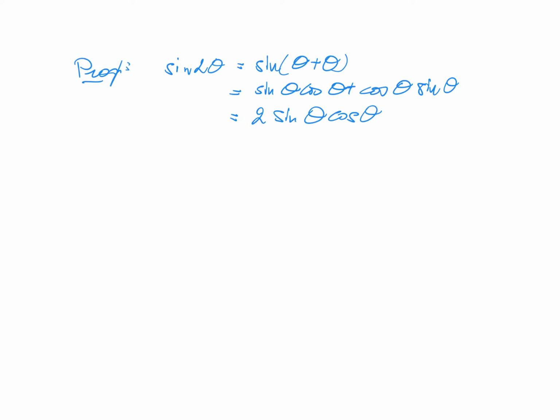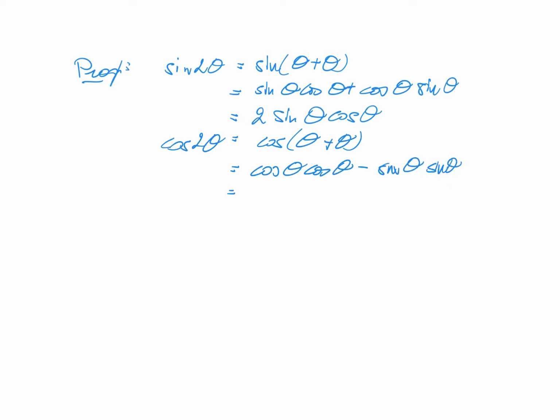A similar reasoning holds for cosine of 2 theta. So this one is cosine of theta plus theta, which is cosine theta cosine theta minus sine theta times sine theta. So it is cosine squared of theta minus sine squared of theta.